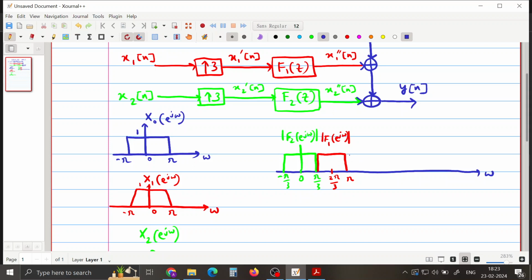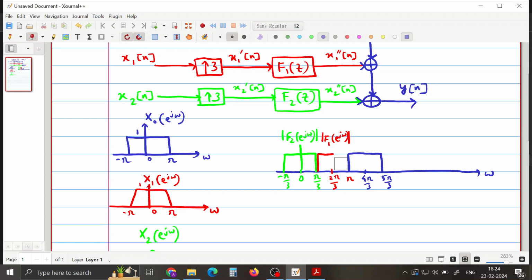And finally the third spectrum, which is f naught, is centered at 4 pi by 3. Okay, and these all are actually exactly adjacent.